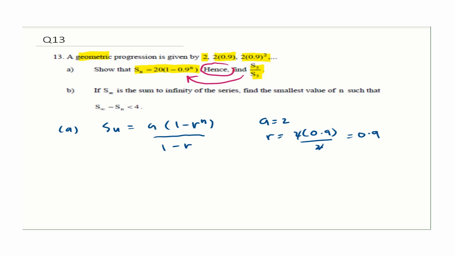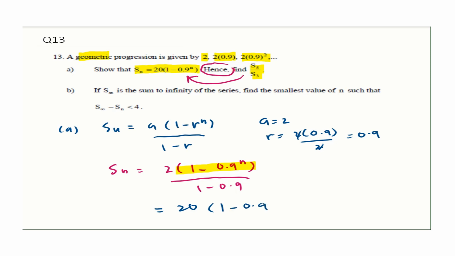So to show Sn we get 2 multiplied by 1 minus 0.9 to the power n over 1 minus 0.9. Here what we already have is 1 minus 0.9 to the power n. What we don't have yet is the 20. So we can calculate 2 divided by 1 minus 0.9. If we press the calculator, we get 20. So finally we get 20 multiplied by 1 minus 0.9 to the power n. This is our Sn shown.